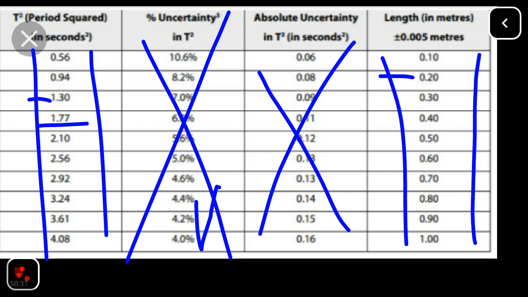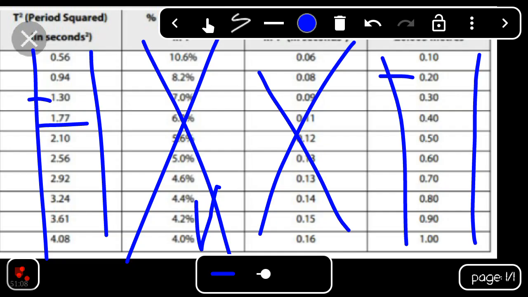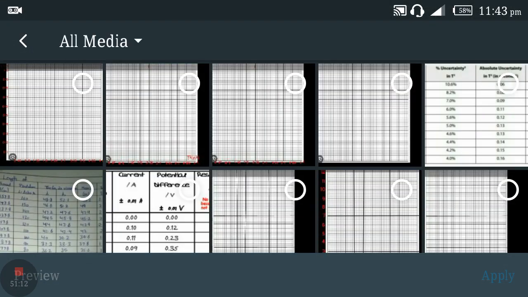Do you mean we should eliminate it? No. So you adjust your scale to make everything fit into it. And the first thing to do is to count your number of big boxes on the axis you're going to plot it. So once you get it, let me bring the picture so we can be using it together.